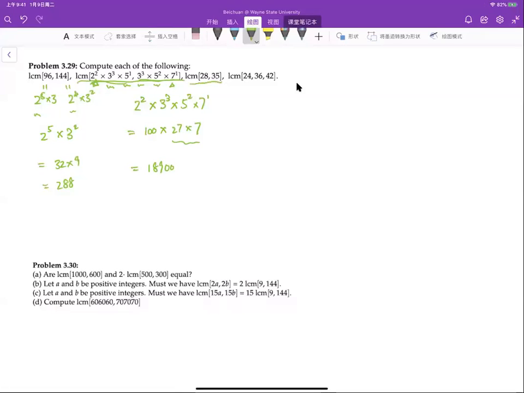If you know that 28 equals 2 squared times 7 and 35 equals 5 times 7, can you find their LCM? 980. 140.